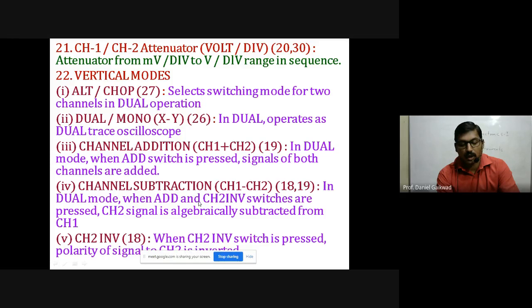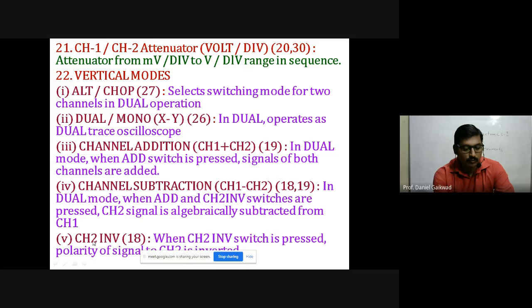In dual mode, when add and channel 2 invert switches are pressed, before addition channel 2 is inverted, and the channel 2 signal is algebraically subtracted from channel 1. So we have addition and subtraction of channels or waveforms, which is similar to the concept of interference. Interference means that when a crest overlaps with a crest, there is constructive interference, and when a crest overlaps with a trough, we have destructive interference. So in that study we require addition and subtraction of signals.